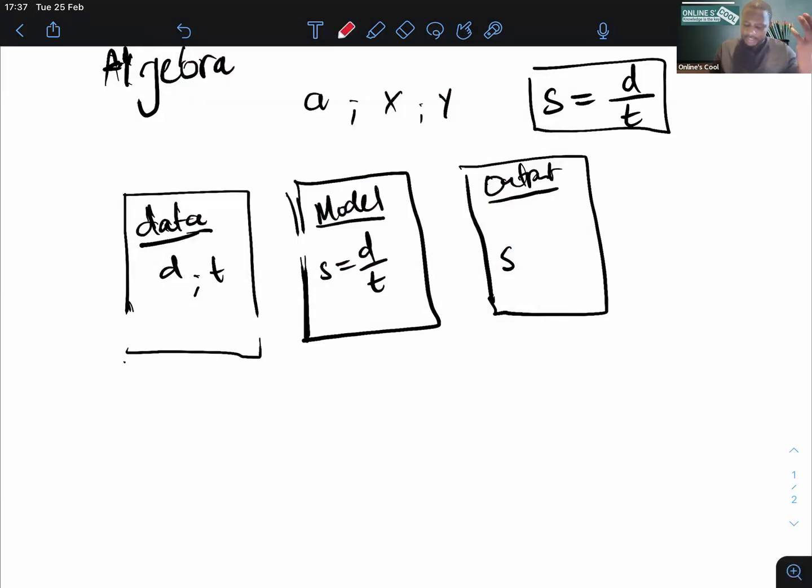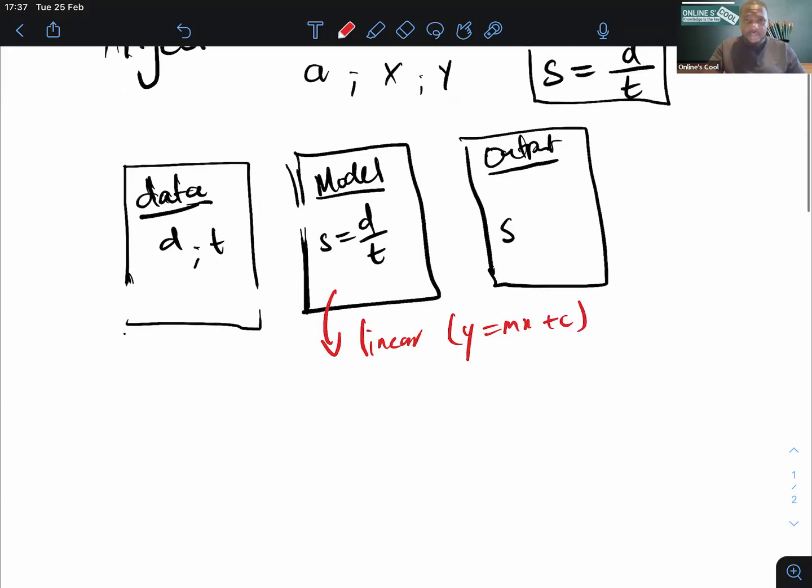The models in mathematics are really linear, which is y equals mx plus c, which I also touched on last week. Then there's quadratic, which is y equals ax squared plus bx plus c.